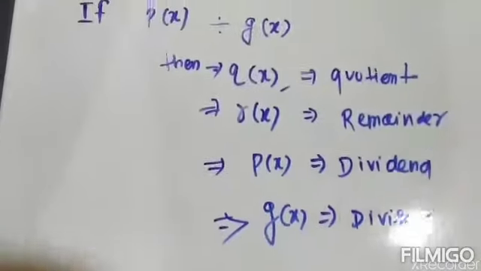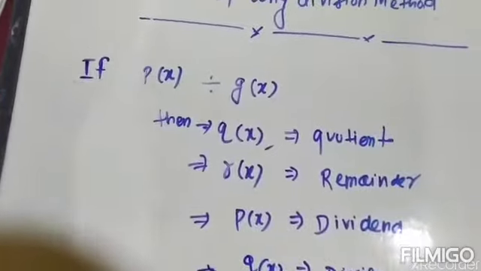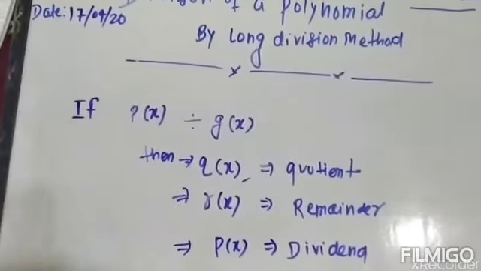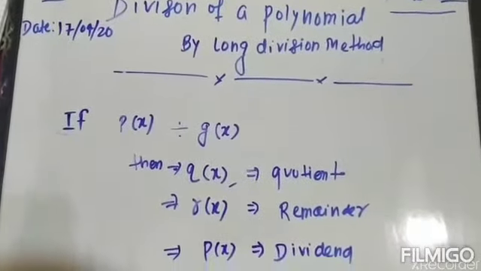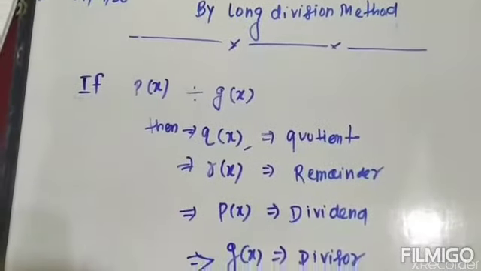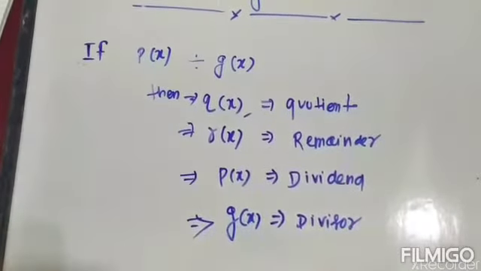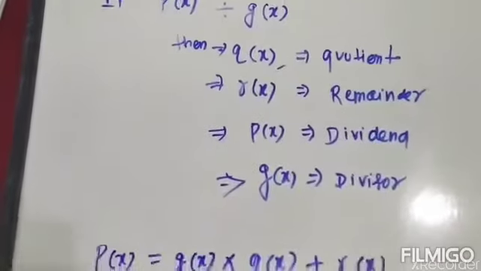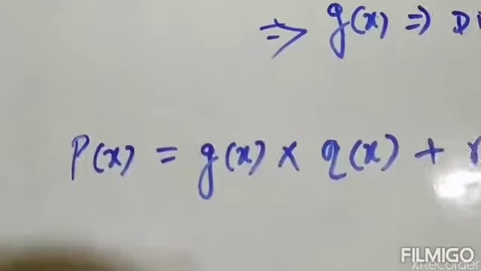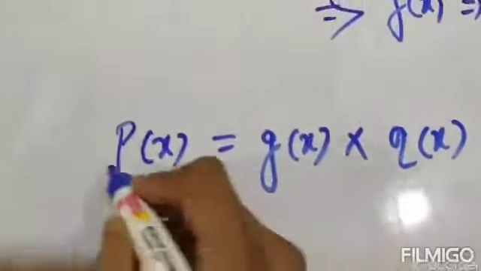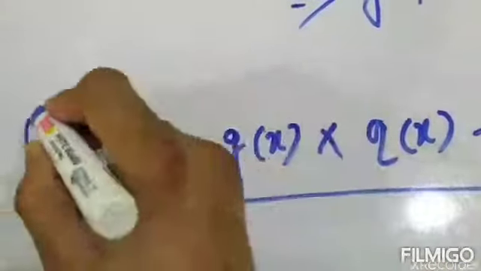If P of x is divided by g of x, Q of x is the quotient, R of x is the remainder, P of x is the dividend and g of x is the divisor. This is known as the division algorithm.